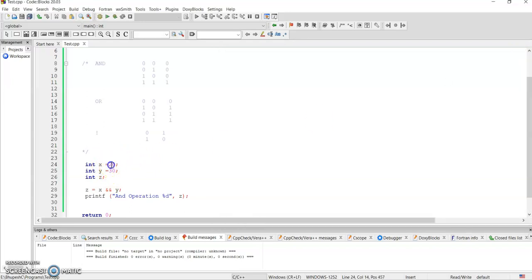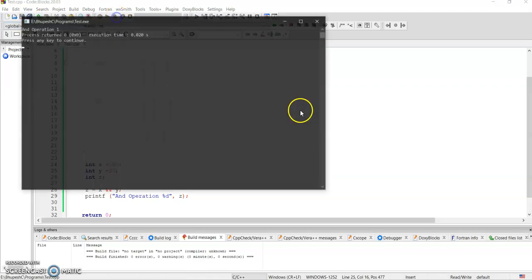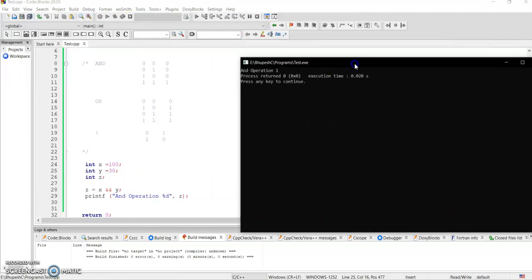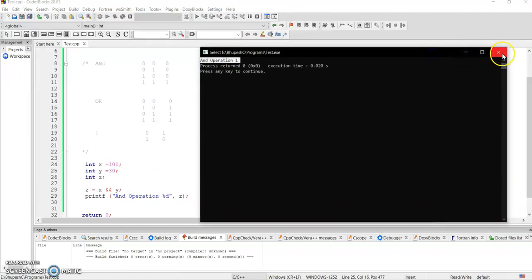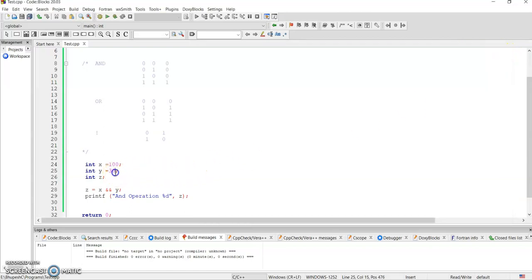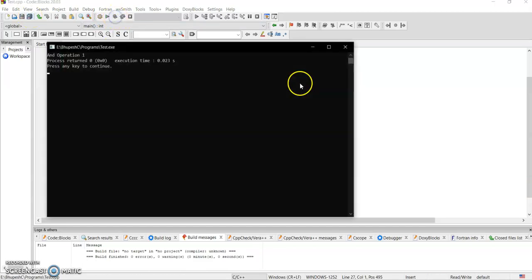Let us put another value. Let us say x equal to 100, and then I execute. See, we got 1 only. Let's change this to 3000 and y to 567, something like this. Let me execute.